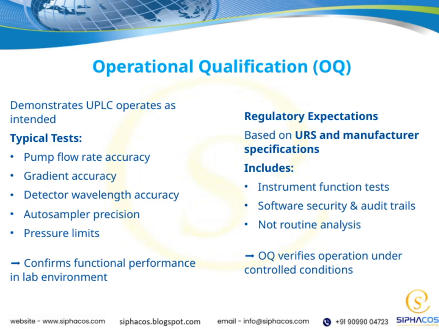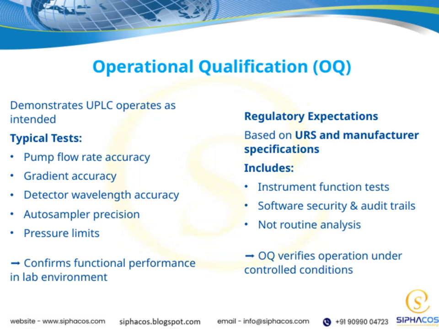Now, specifically regarding operational qualification, or OQ, this step verifies that the instrument operates under controlled, specified conditions. It's about demonstrating that the UPLC system functions as intended in a controlled environment. Typical tests involved in OQ include checking the pump flow rate accuracy, ensuring the gradient system delivers consistent results, verifying the detector's wavelength accuracy, assessing auto-sampler precision, and confirming that pressure limits are maintained within safe ranges.